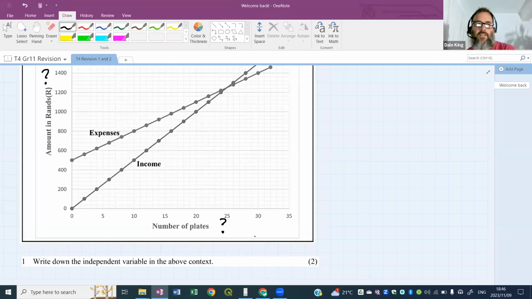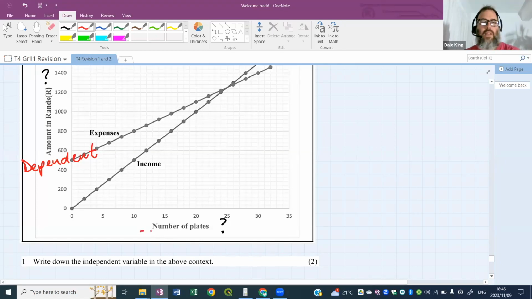The rands depend on the plates. The plates don't care about the rands. So the plates are independent.